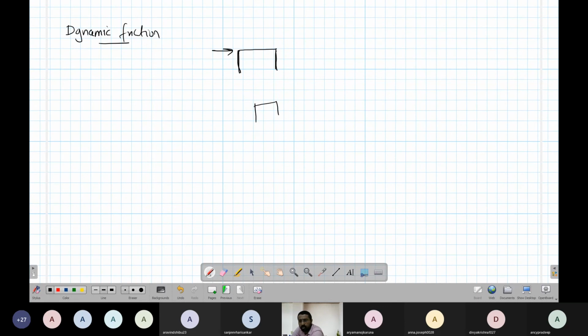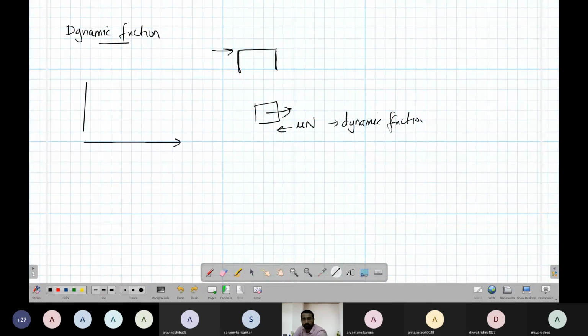Once the body starts to move, there is again mu times N in the opposite direction, but this is dynamic friction. So if I draw a plot, let's say I have a body.